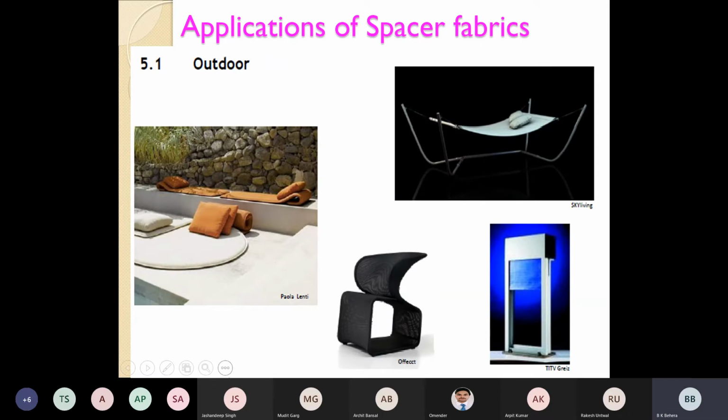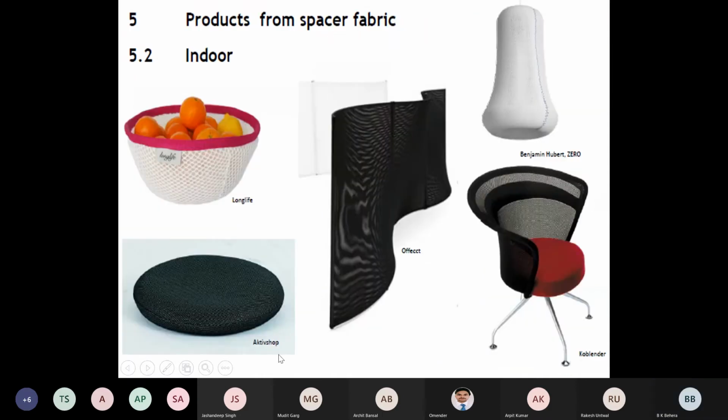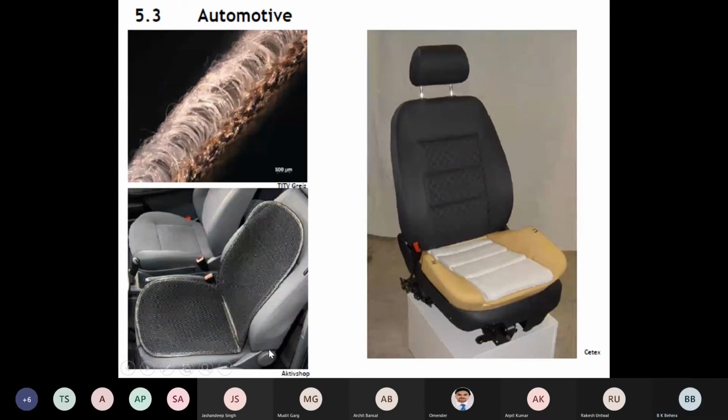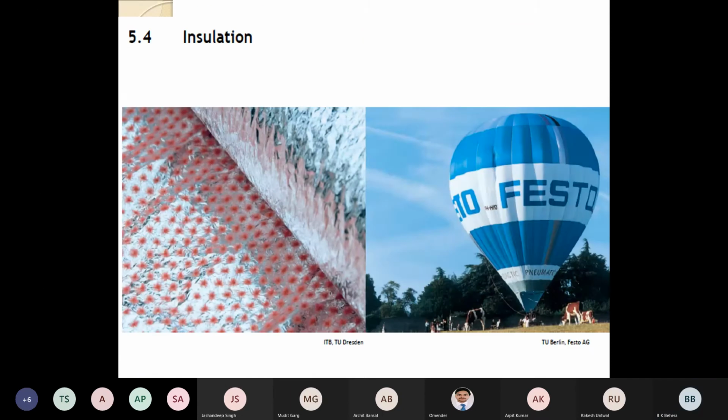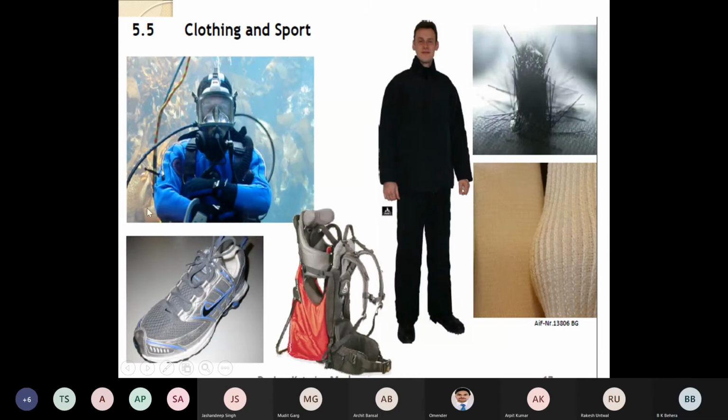In outdoor, all what you see here uses some composite fabrics, some kind of furniture. Indoors, these are all special fabrics. Automotive car seat cover, these balloons, special fabrics. This clothing, special fabric. Shoe upper, special fabric. Pad used in special fabric.